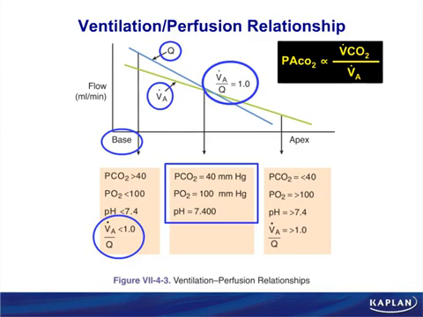I have more blood flow than ventilation, so stated another way, I have inadequate ventilation for this amount of blood flow. It is effectively hypoventilating. I have low alveolar ventilation compared to the blood flow.